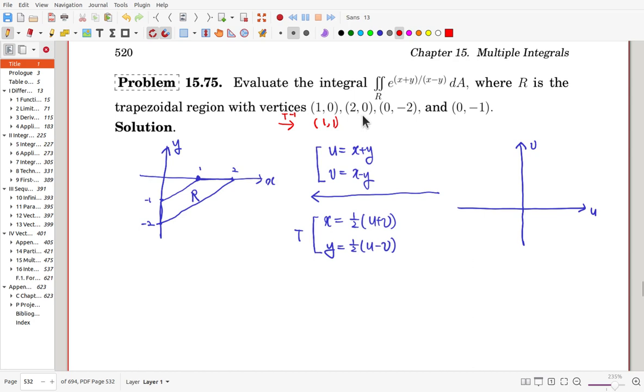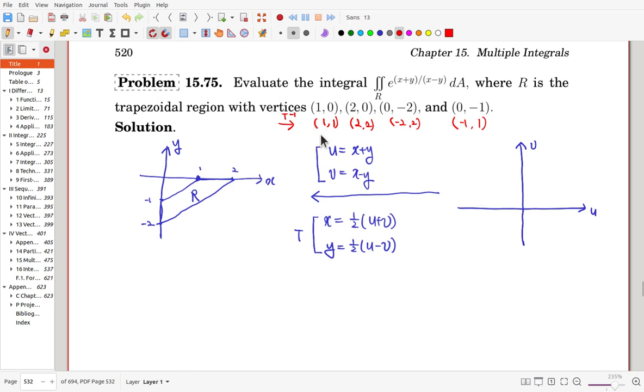And x, y are 2, 0, then there must be 2 and 2. And 0 and minus 2: y is minus 2, so there's minus 2 and 2. And 0 and minus 1, similarly, gives minus 1 and 1, right?